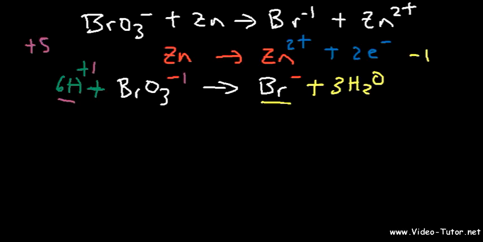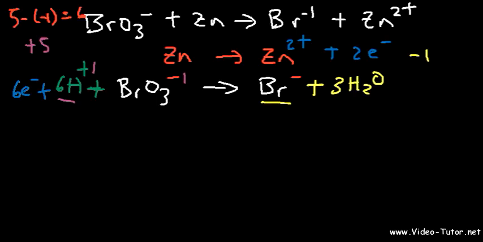If you take the larger number minus the smaller number, 5 minus negative 1 is equal to 6. So this tells you that you need to add 6 electrons to the side with the higher charge, which is the left side. And now that half reaction is balanced.